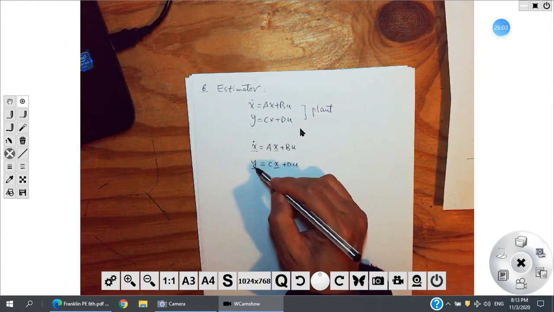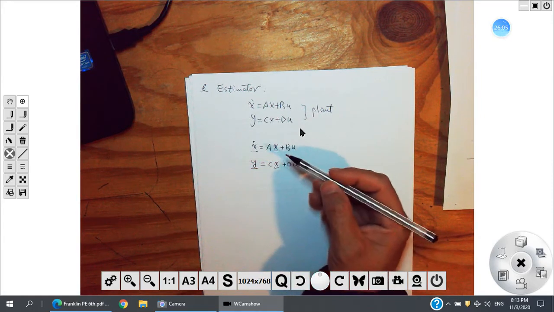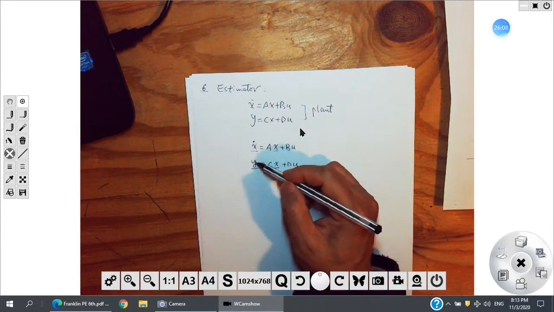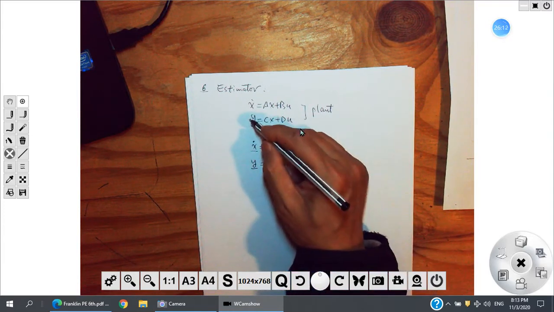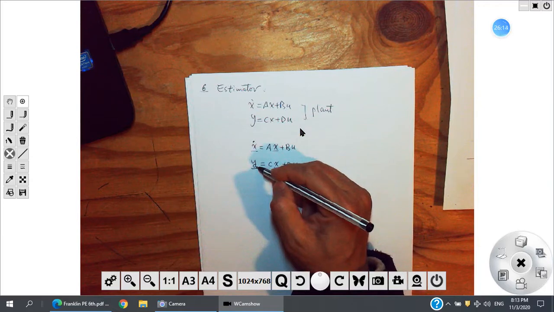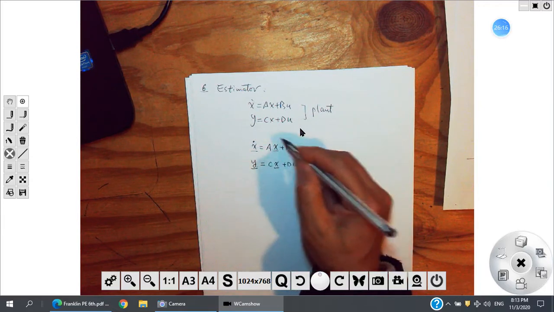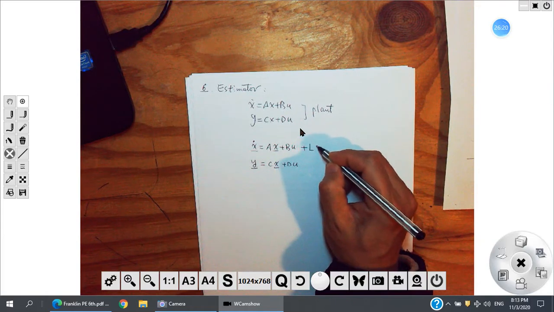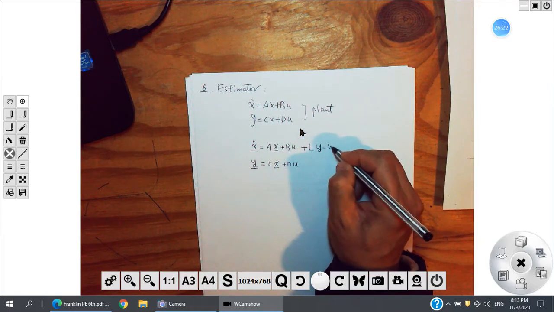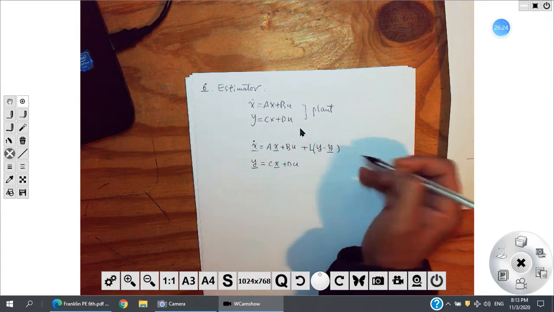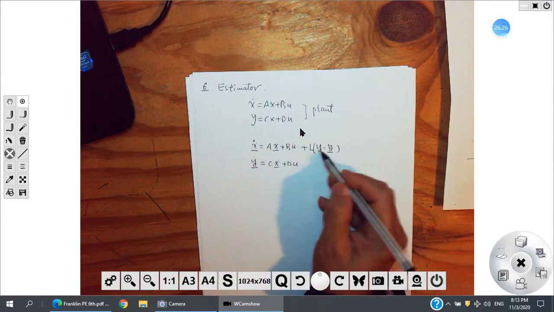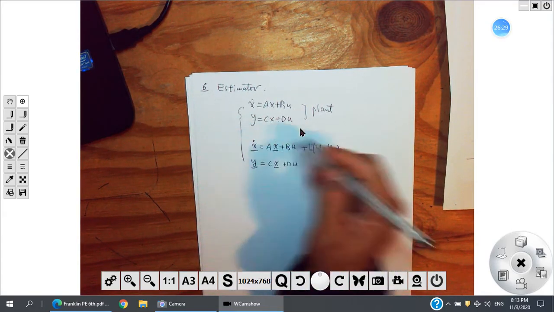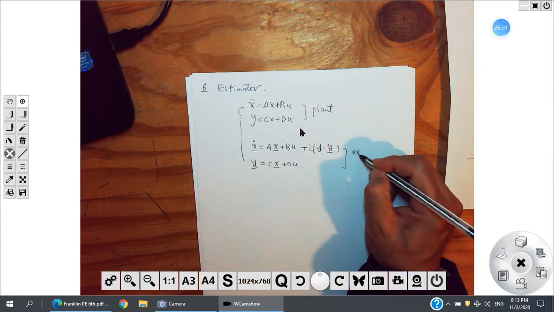This is y bar, and we will check whether this works well. I need to compare this y and y bar. So use y minus y bar as a feedback to this estimator. So I need to add L times y minus y bar. Then we have this part as the estimator.